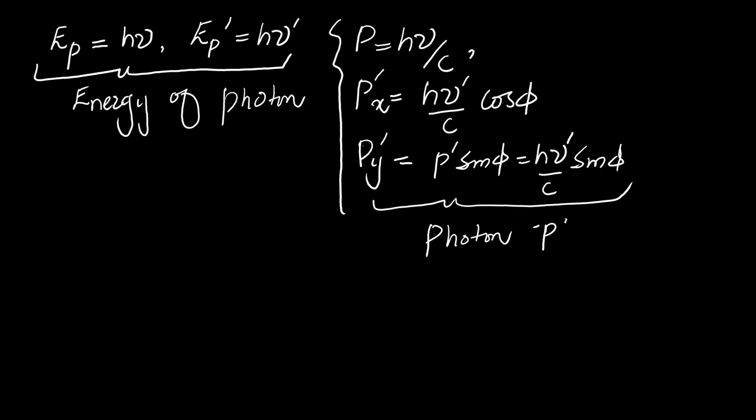Now write the equations for the energy as well as the momentum of the electron. Since initially the electron is at rest, the initial energy of the electron is its rest mass energy, E naught equal to m naught c square. The final energy of the electron E will be equal to mc square, where m is the relativistic mass and m naught is the rest mass of the electron.